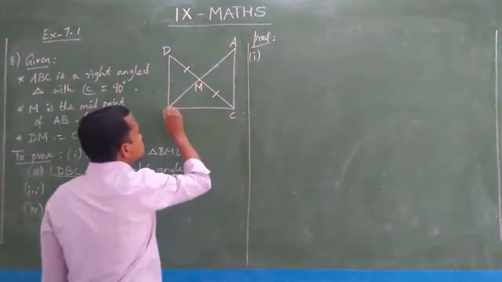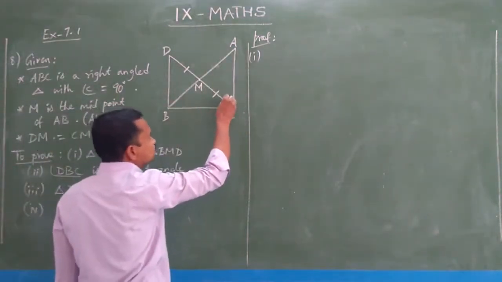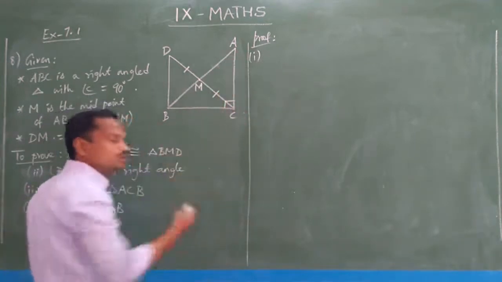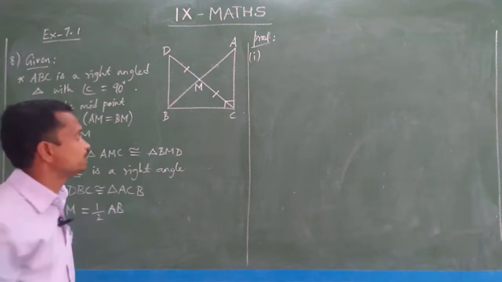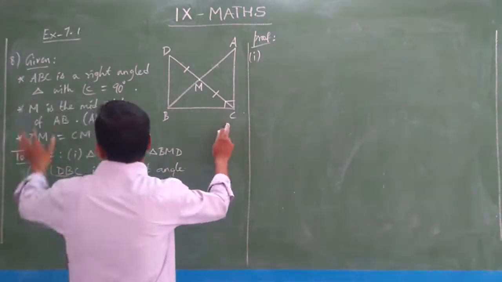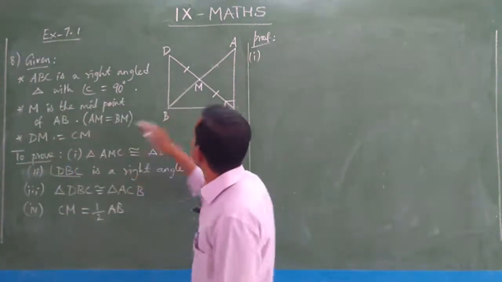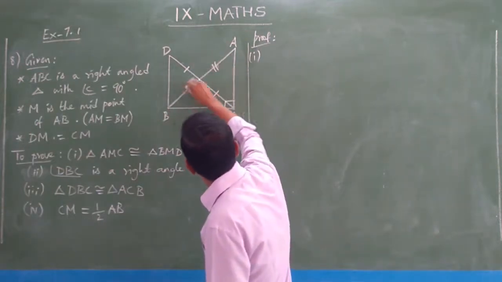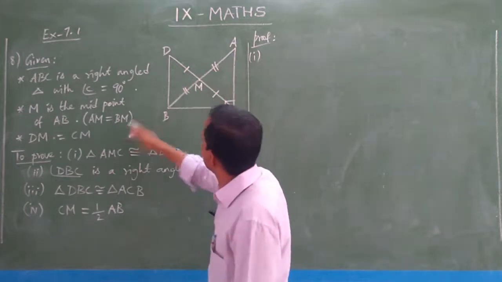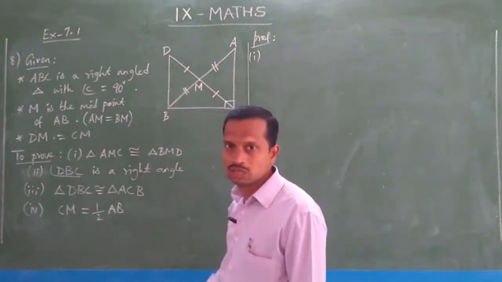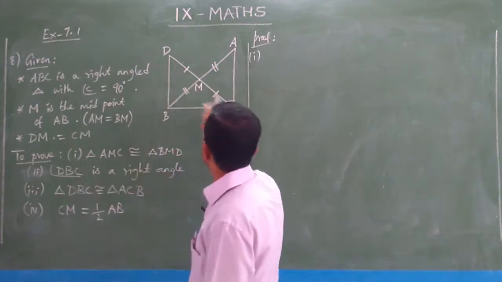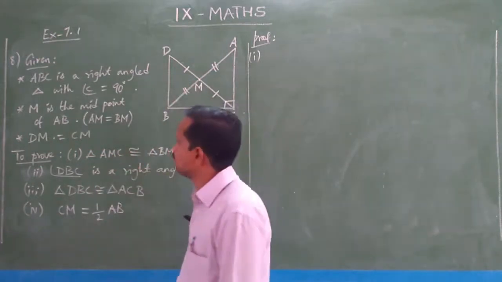That means angle ACB is 90. M is the midpoint of AB, which means AM equals BM, and directly it is given DM is equal to CM. Okay, so this is what is given.